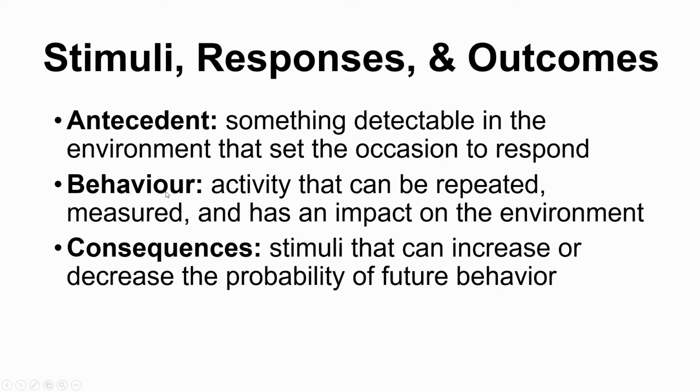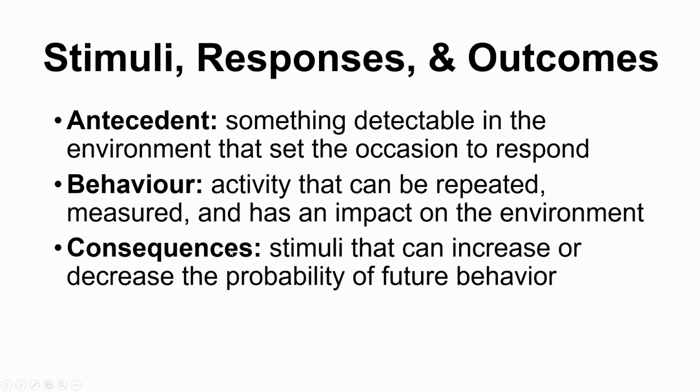Our behavior would be our response, some kind of activity that can be repeated and measured and has an impact on the environment. So that behavior might be pushing a lever. That would be a response to an antecedent. So when the cue light is on, when you push the lever, then you might get food. So pushing the lever is your measurable behavior.